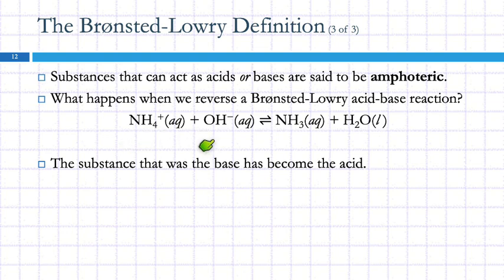Who's losing the hydrogen ion? NH4+. So NH4+ is now the acid, and OH- is the base because it's accepting the hydrogen ion. So the substance that was the base becomes an acid.